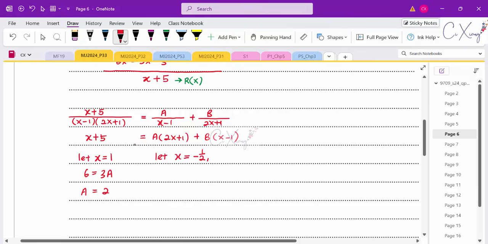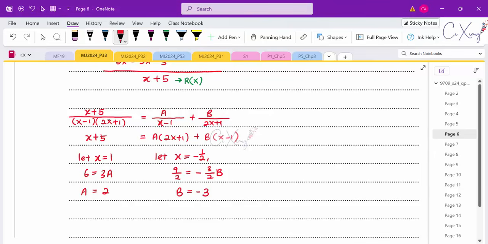Okay, substitute negative half into the equation here, then you are having 9 over 2 on the left, negative 3 over 2 b on the right. Substituting negative half into this bracket, you'll get a 0, so the a disappears. Therefore, I left only the b on the right. You can see that from here, b is equal to negative 3. So you successfully found the values for a and b.